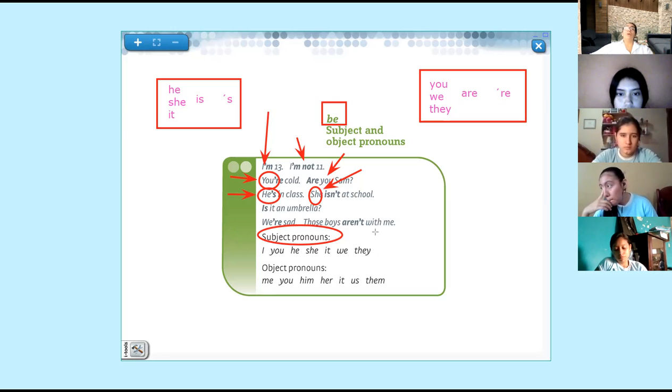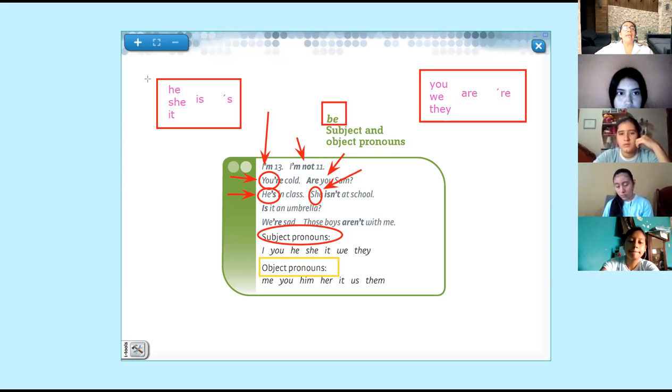But also we have the opposites of this, the object pronouns. What are the object pronouns? Me, you, him, her, it, us, and them.